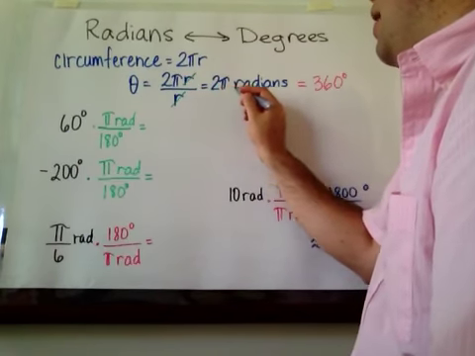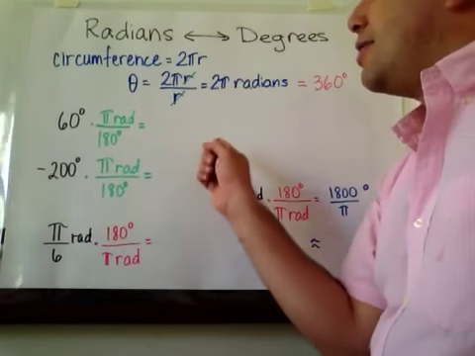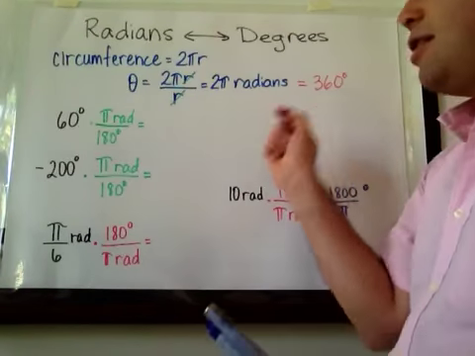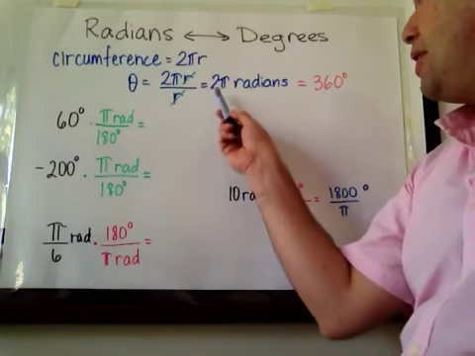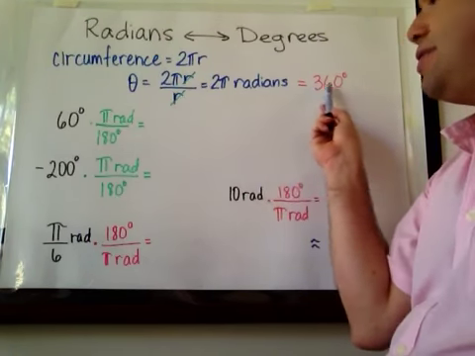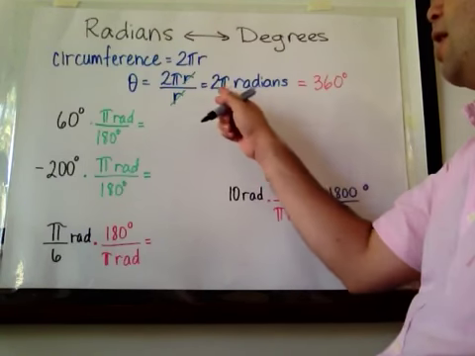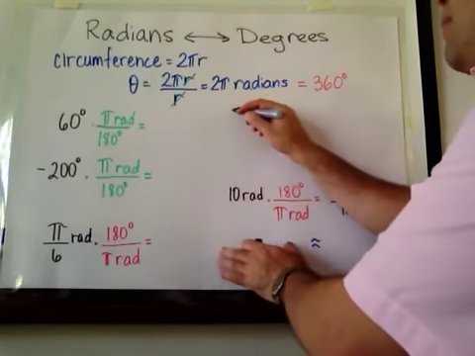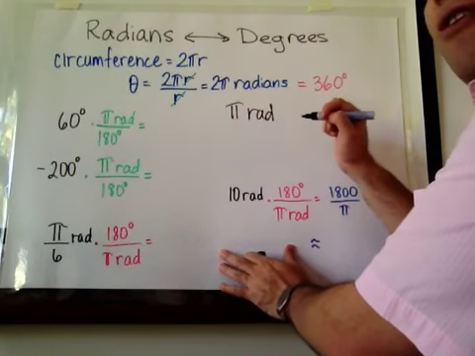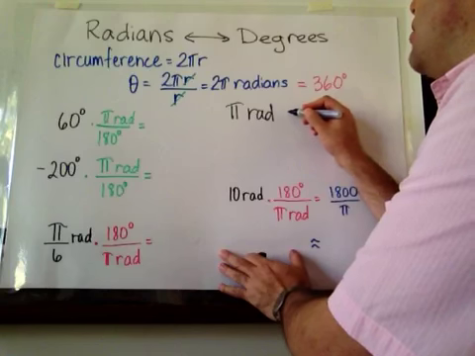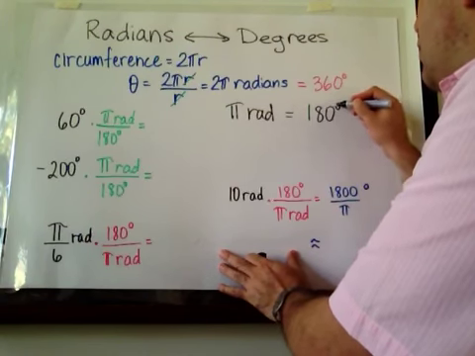We've got 2 pi radians. However, we know that an entire circumference has 360 degrees. So our relationship is that 2 pi radians is 360 degrees. If we divide both sides by 2, we get pi radians. Usually we just write rad for radians. Divided by 2, that is 180 degrees.